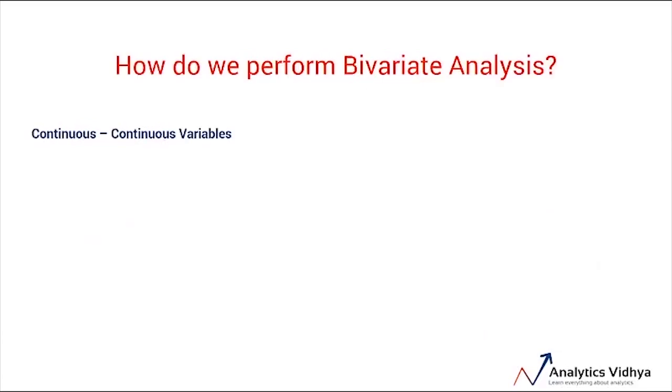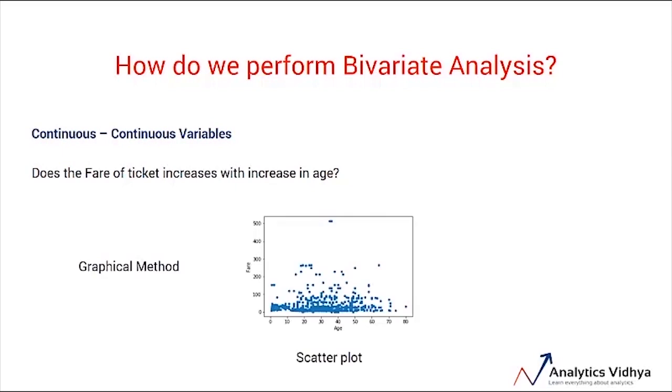In the first example, we discussed the situation where we might want to answer questions like, does the fare of the ticket increase with increase in age? Now these two variables are continuous in nature, and we can analyze the relationship graphically using a scatter plot, such as this. Here we can see that there is not much visible relationship between age and fare, since there is no visible trend.